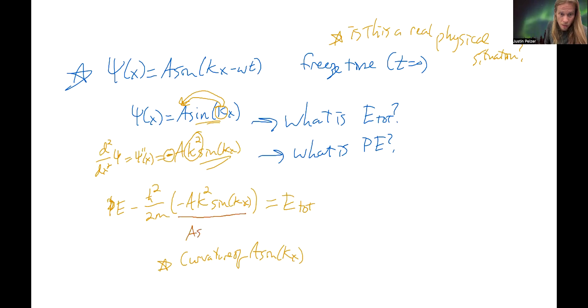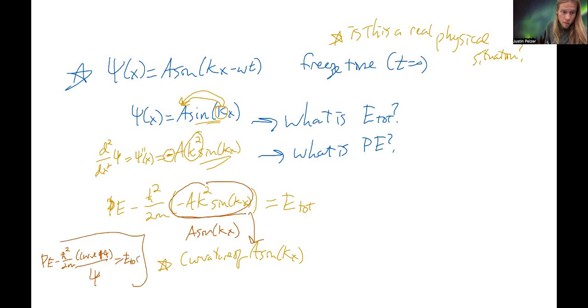A sine kx. Right? Because remember, it's potential energy minus h bar squared over 2m times curve of psi, which I've given to you. This is the curvature of psi, right? Over psi, don't forget to divide by psi, equals E total. This is Schrodinger's equation. Conservation of energy.